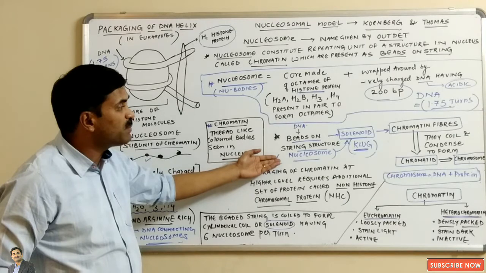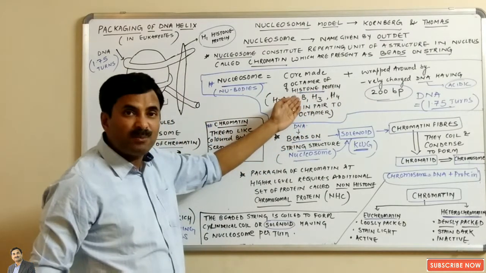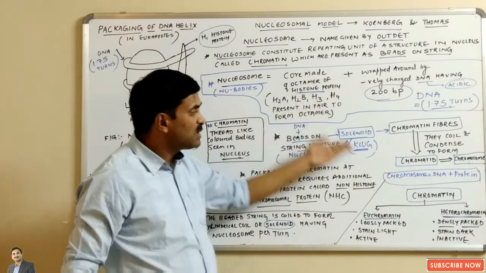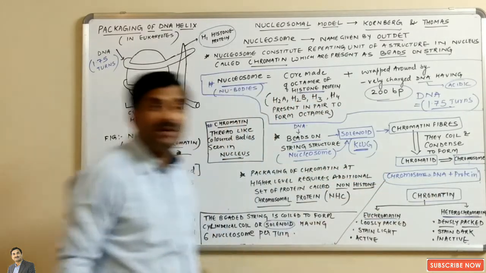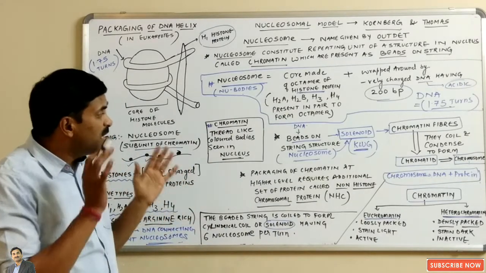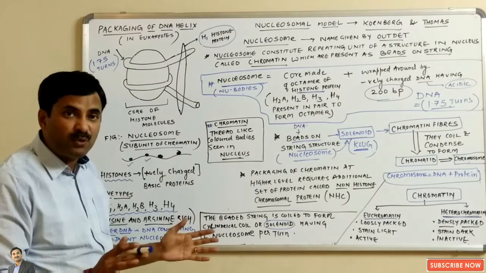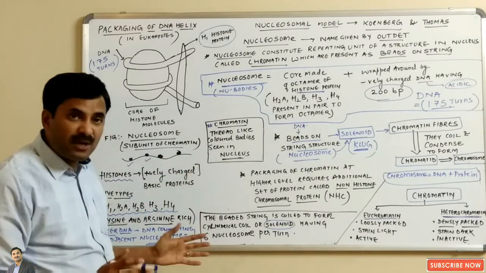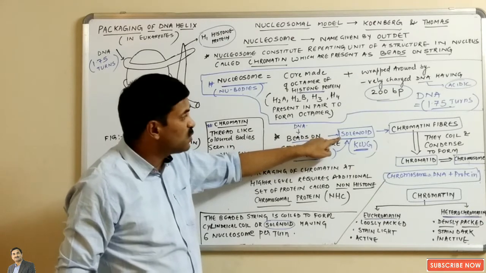And a nucleosome consists of DNA and protein. So we can say that a chromosome is made up of DNA and protein. The beads-on-string-like structure, the nucleosome, shows too much coiling and folding to form a cylindrical coil, or solenoid, which has 6 nucleosomes per turn.